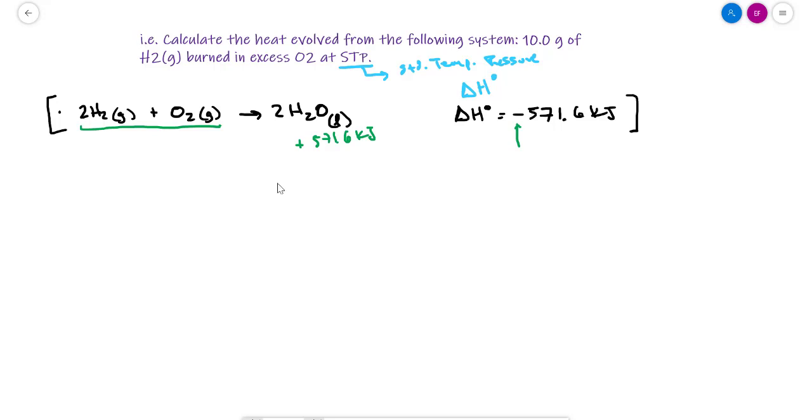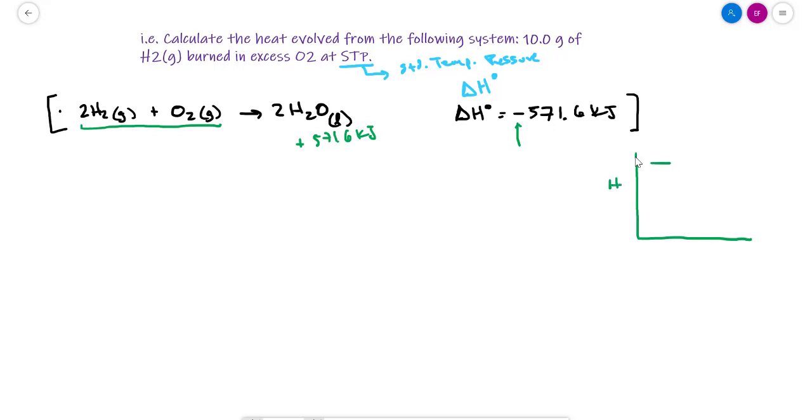What does this equation imply? Right, we've talked about this extensively so far. This energy change, this delta H naught, is referring to a start where we have H2 plus O2 and a final where we have just water, and we're traversing down here and we're getting minus 571.6 kilojoules for the reaction as written, right?